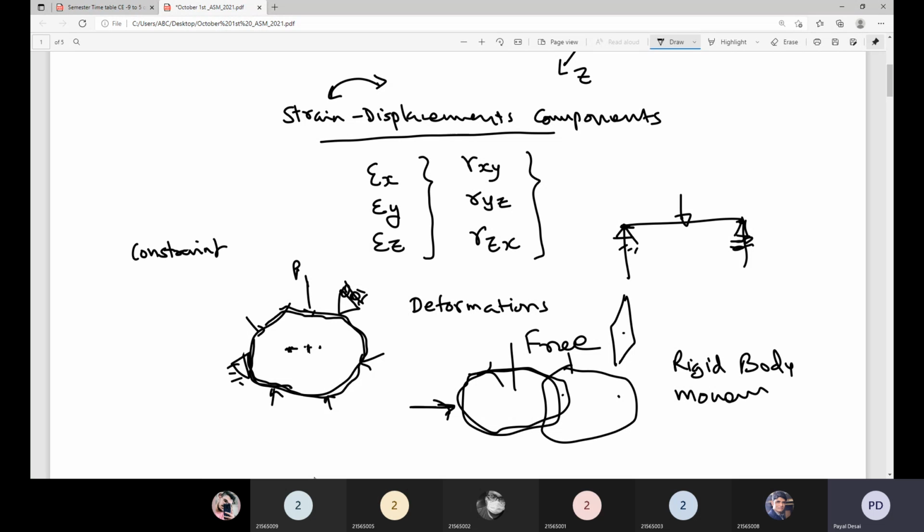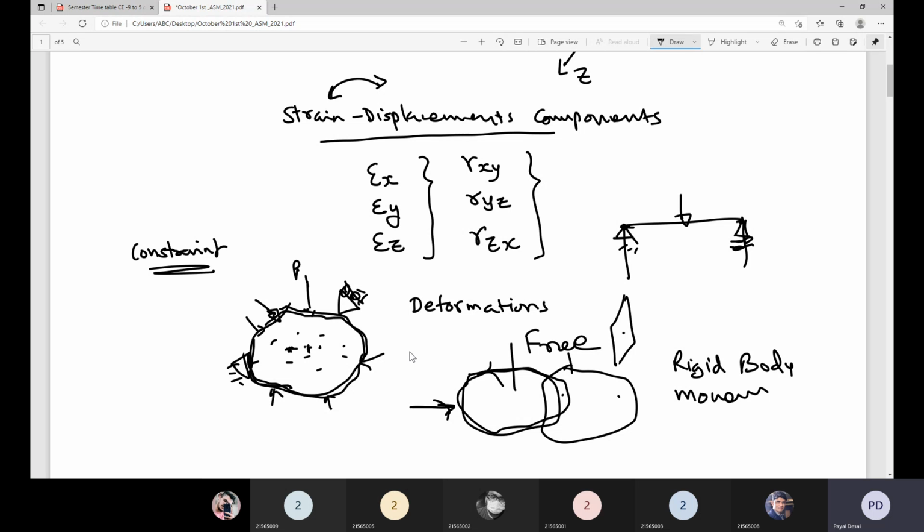Our structures are always supported, always on the supports, always on the boundaries. So we call it a constraint, right? And because it is a constraint, if you apply force, there will be internal movement. Why does internal movement happen? Because we have constrained our body.